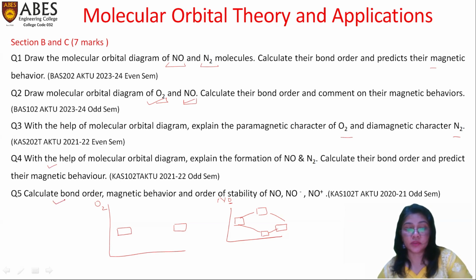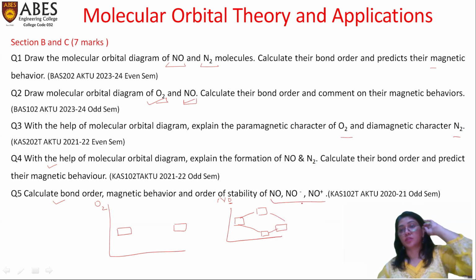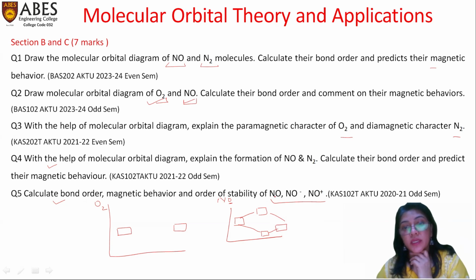And this sequence is asked for the order of stability of these heterodiatomic molecules and ions. This can be done similarly: we draw the diagrams of these three molecules, calculate their bond order, arrange them according to bond order, and then according to their stability.